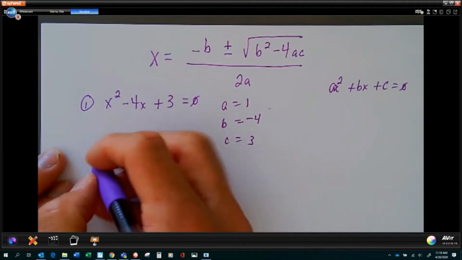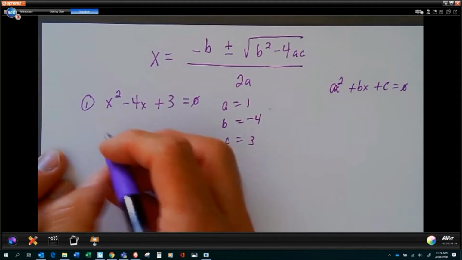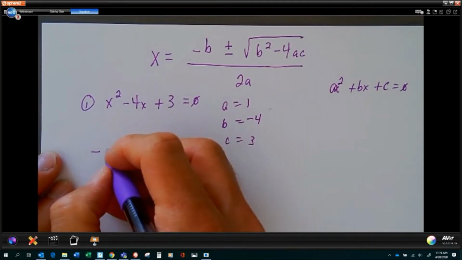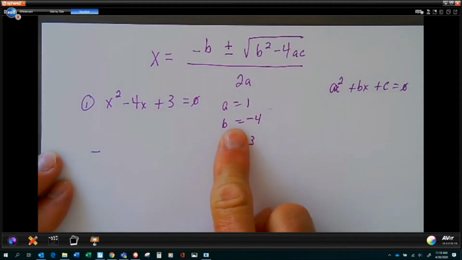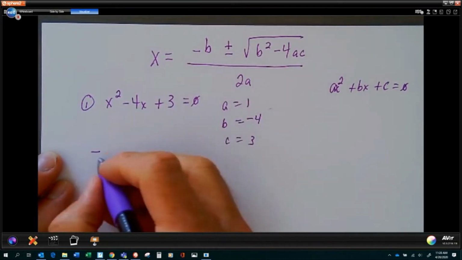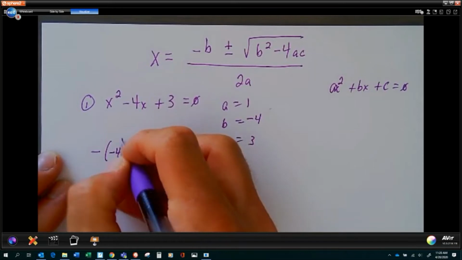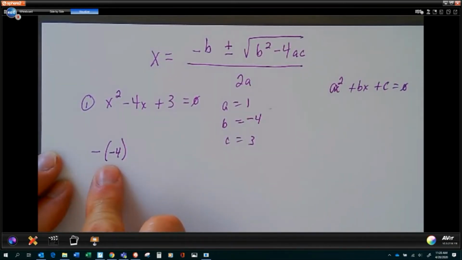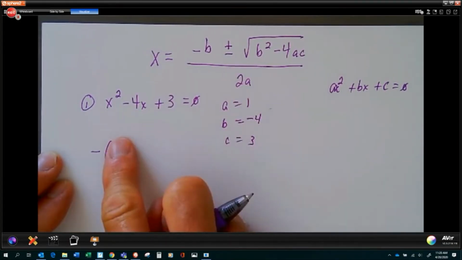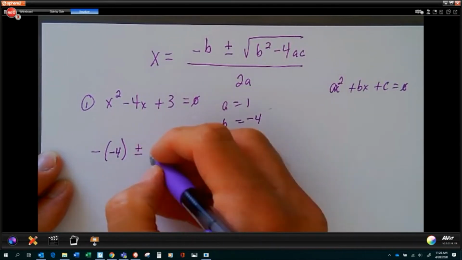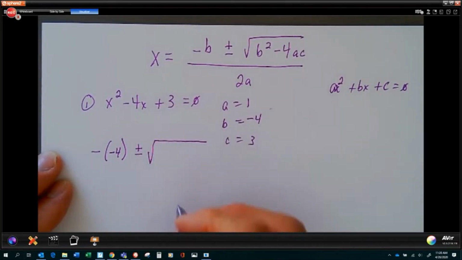So this is how you plug these in. Negative b, so we've got to take a negative. Remember, when we're substituting in your formula, put everything into parentheses for the variable. So it's negative 4, because negative b equals negative 4, in parentheses, plus or minus the square root of b squared.